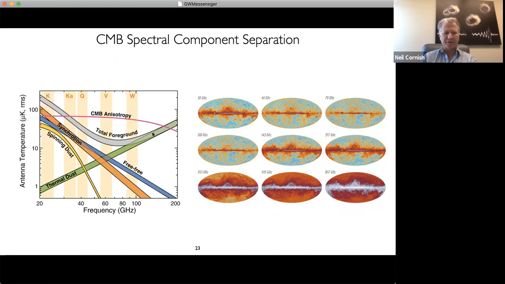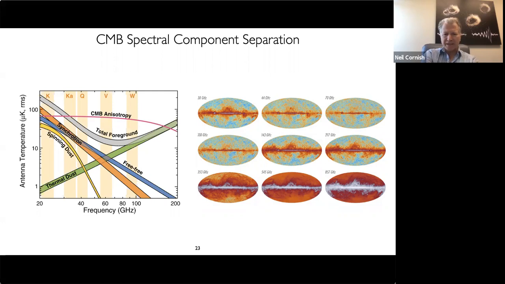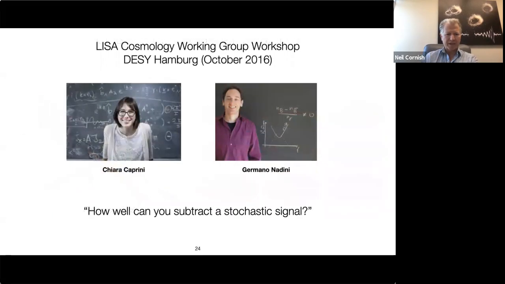At higher frequencies, you get some of the thermal dust contributions. So by measuring the CMB at different frequencies, you can separate out what component is primordial, and what part comes from dust in the galaxy. It's very much the same idea here, that we're going to use spectral component separation to do the analysis.